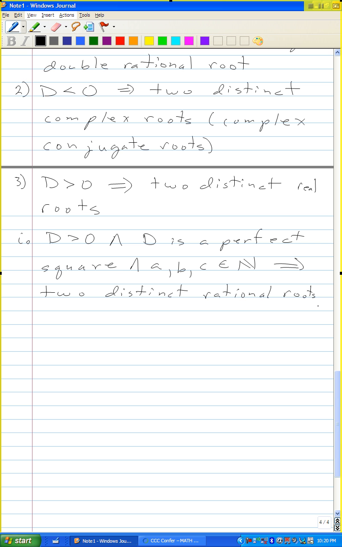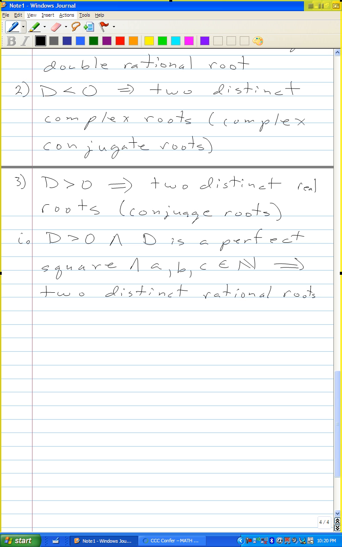And well, they'll be conjugates of each other. So you have a conjugate pair of roots.